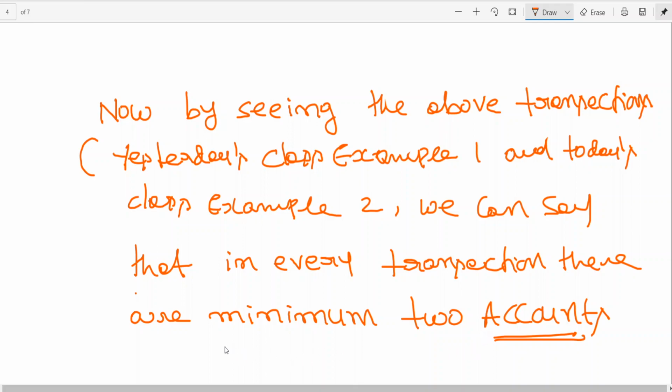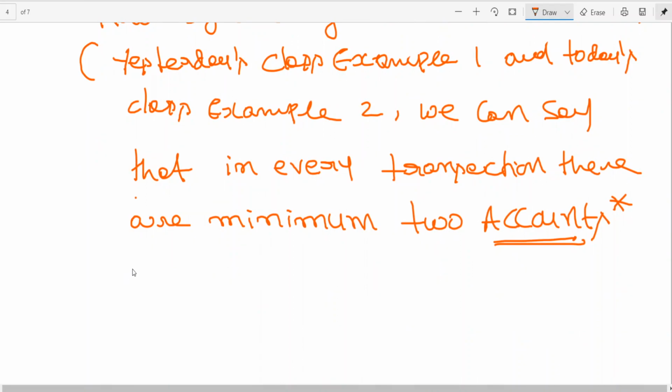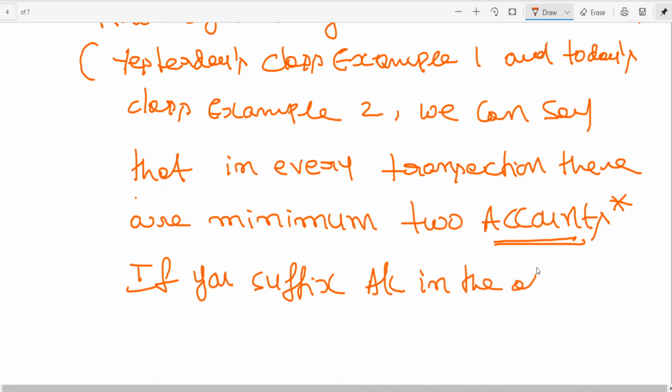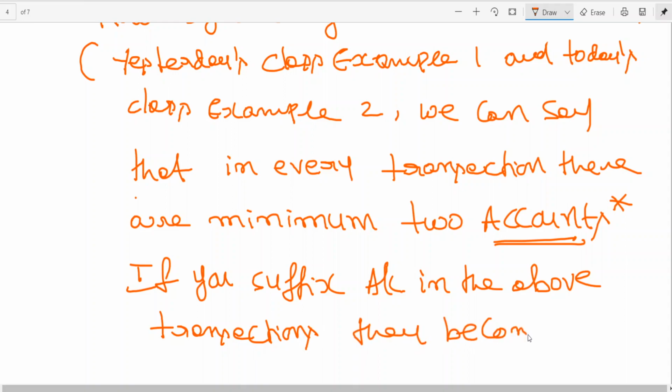Sir, what is an account? If you suffix A by C in the above transactions, they become accounts.